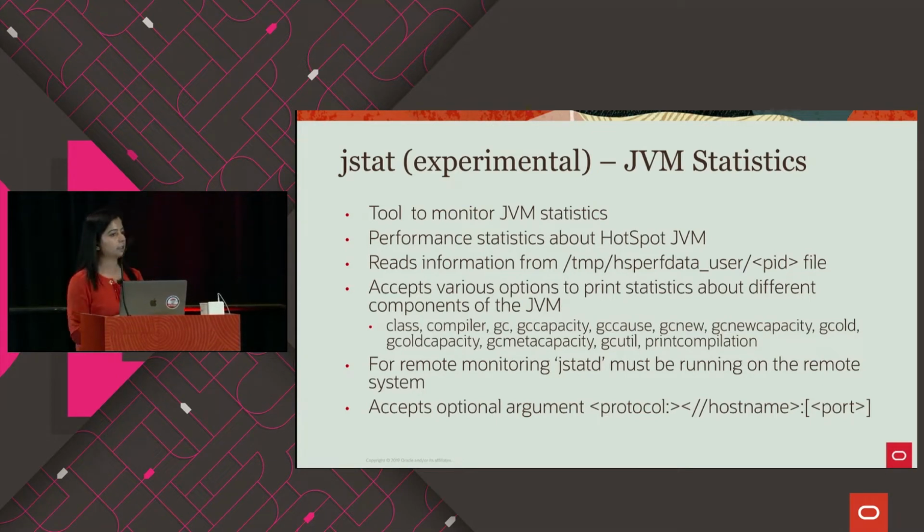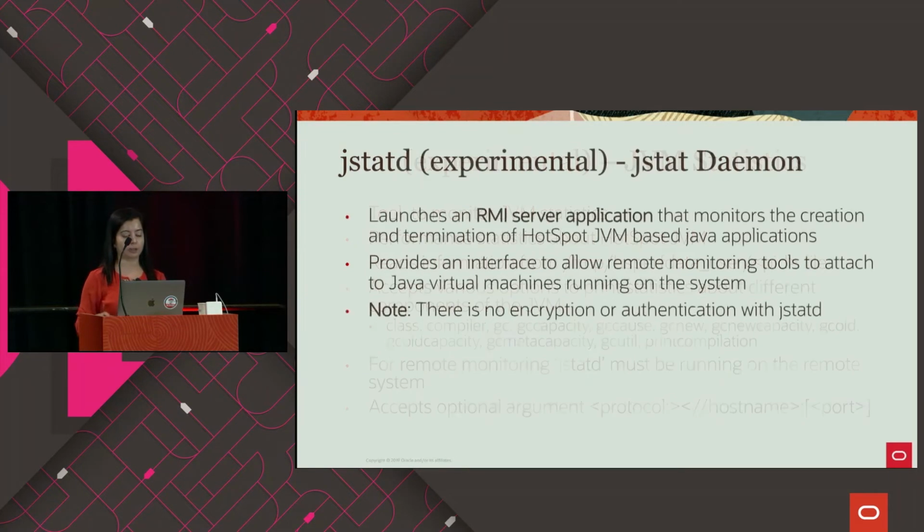Again, for remote monitoring, jstatd, the jvmstat daemon, should be running on the remote machine for it to be able to monitor remotely running processes, and it accepts this optional argument for remote processes. jstatd is basically an RMI application that monitors the creation or termination of JVMs on systems for remote monitoring, and it provides an interface through which JPS and jstat could obtain information about remotely running applications.